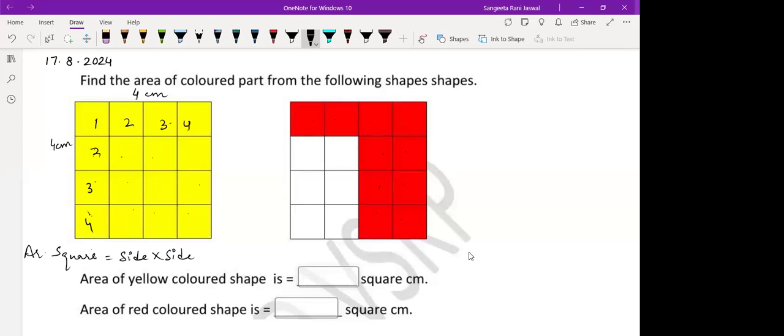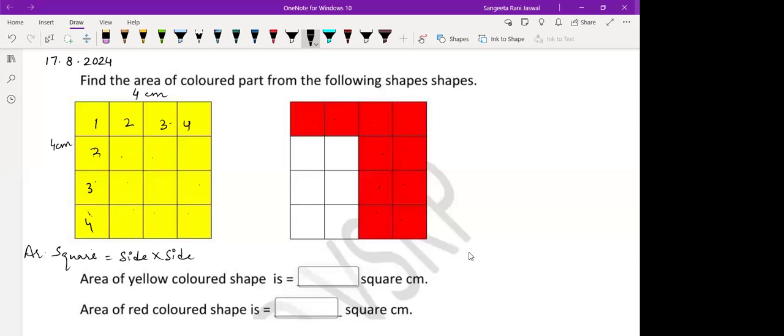These are 10 squares, so 10 centimeters square. You got it? We just have to count the colored squares. We don't have to find the area of the whole big square. It's just the colored squares that we want to count.